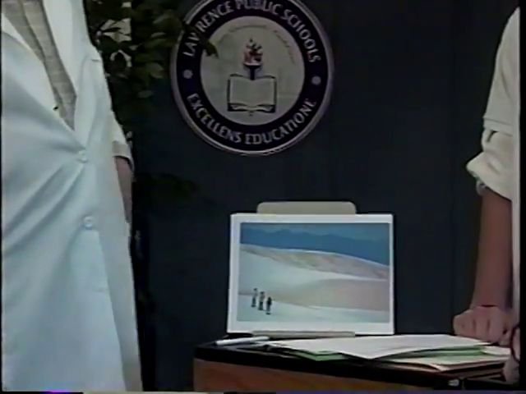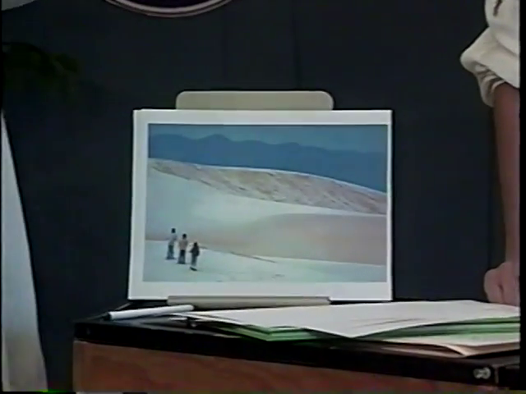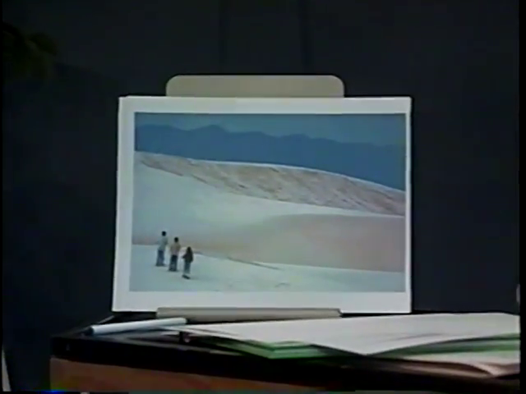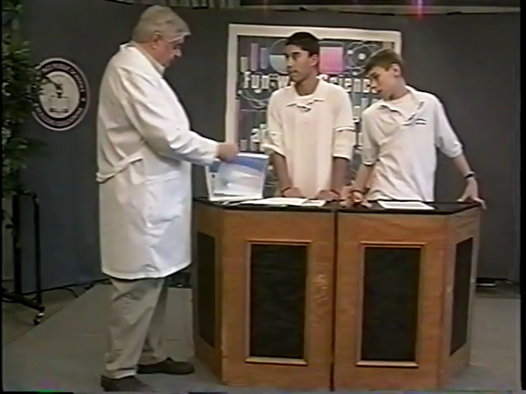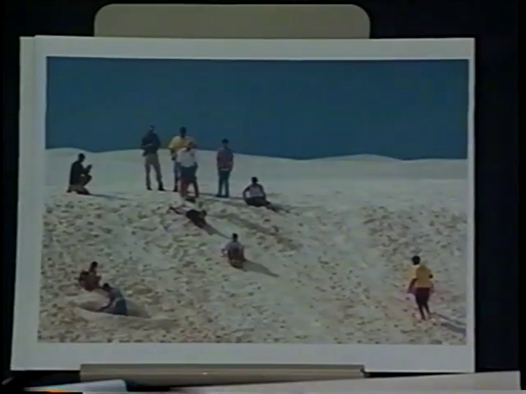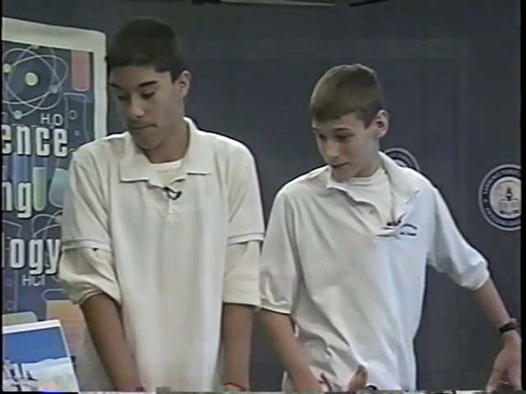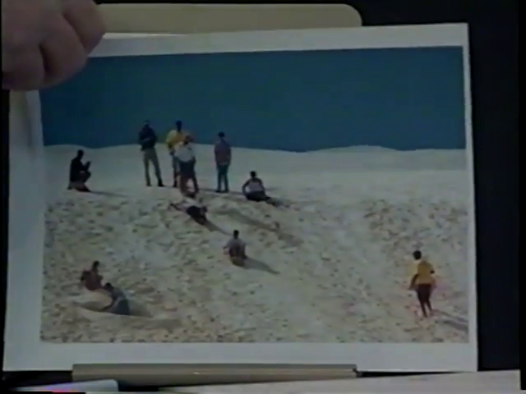You're not supposed to carry the sand away because they don't want everybody out there carrying the sand, but there are all kinds of folks, and they've got roads where you can drive in. People go out and picnic, do a little sledding, slide down the sand dunes, because some of these dunes are like 50, 60 feet high. So, all white.